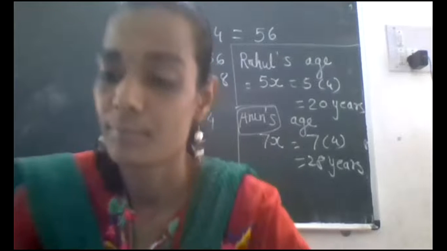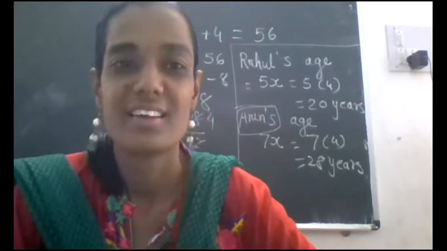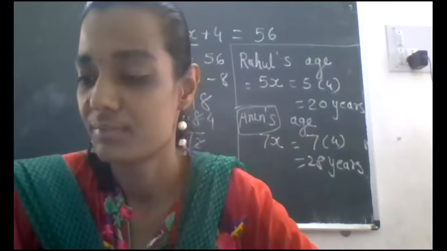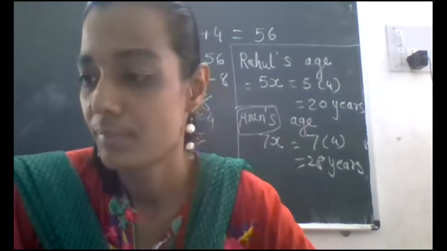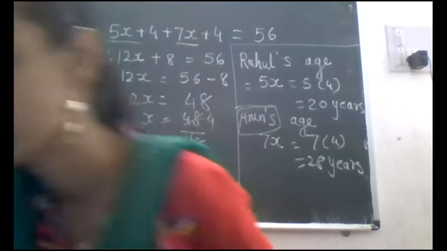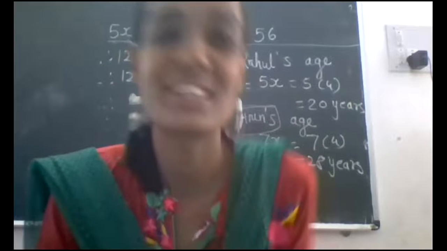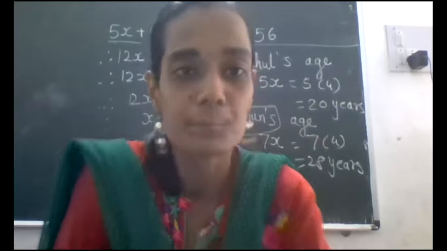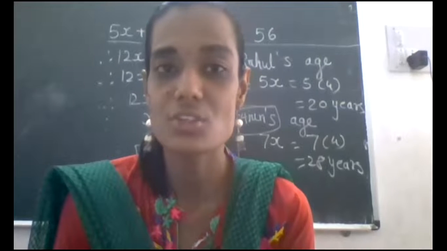Who can read the next question? Chalo, bolo. The number of boys and girls in a class are in the ratio 7:5.